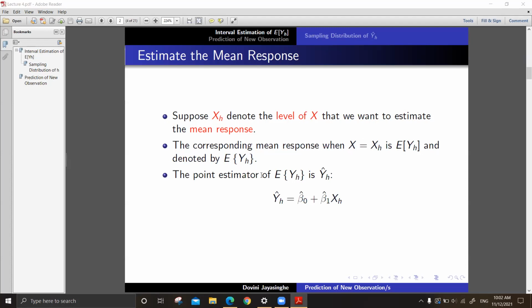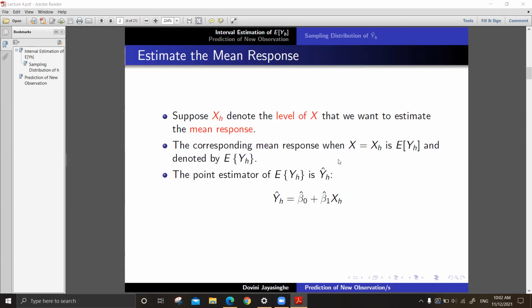The point estimator of expected value of Yh is this. This is how you basically denote an estimator by using the hat notation. In your second year course, Mathematical Statistics 2, you have learned theta is the parameter, theta hat is the estimated value, right?